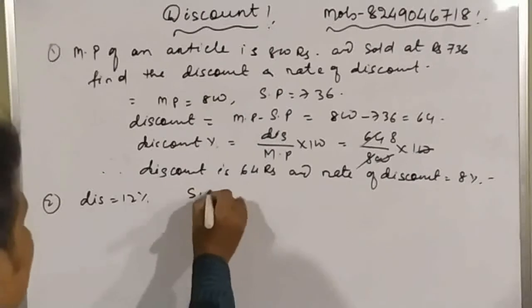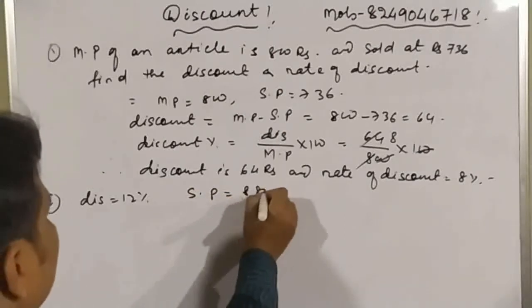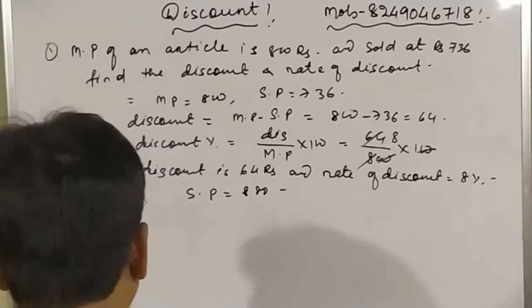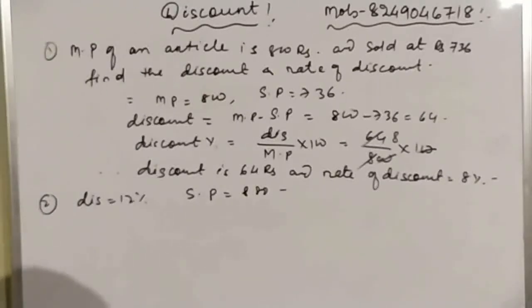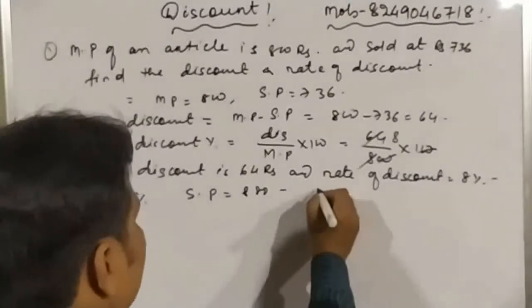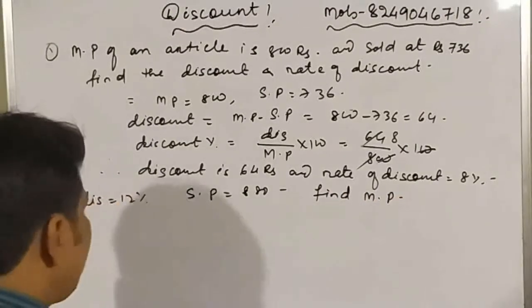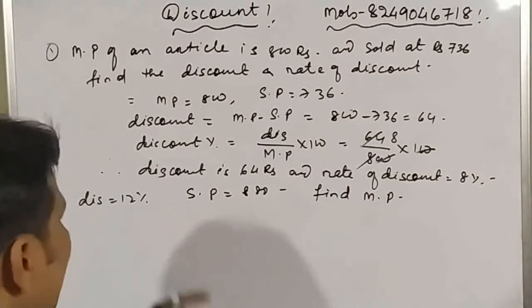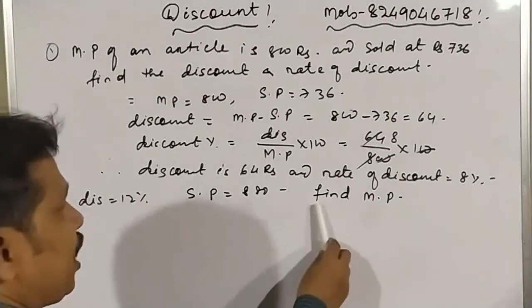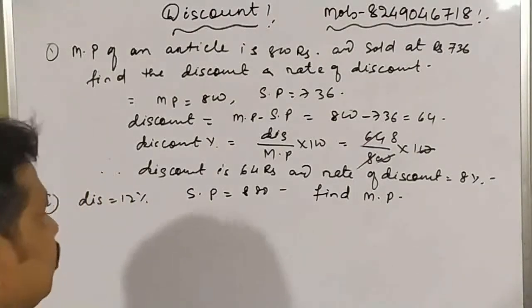That means selling price is equal to 880. What is asked is to find out the mark price. So discount percentage is given and selling price is given, and we have to find out the mark price.